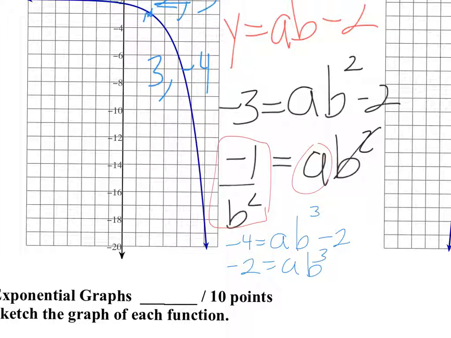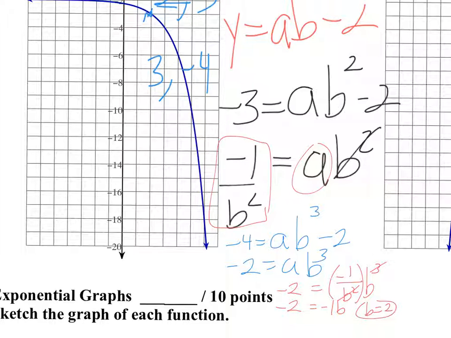I'm going to plug that in here. So -2 is equal to -1 over b squared times b cubed. That's going to cancel out, leave me with just -1b. So -2 is equal to -1b, or b equals 2.